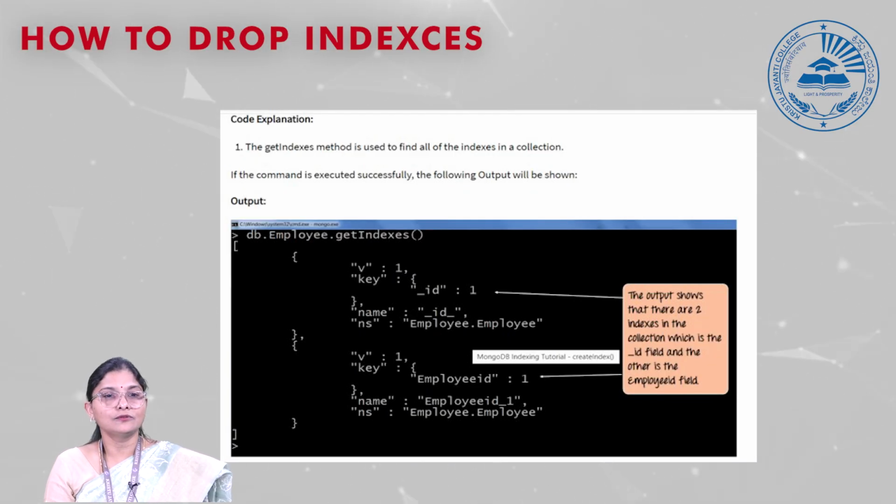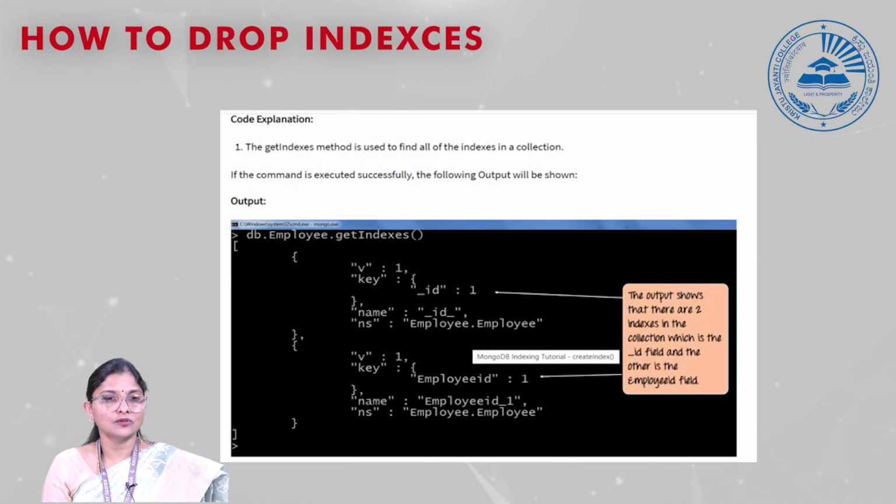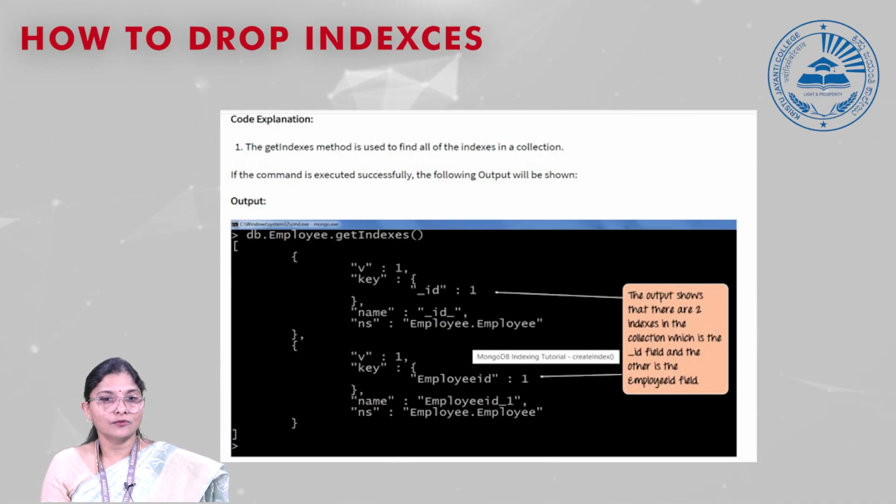If the command is executed successfully, the output will be shown in the slide. You can see the output shows that there are two indexes, one on employee ID and the other on employee name. The first index is _id, and the second one is employee ID.